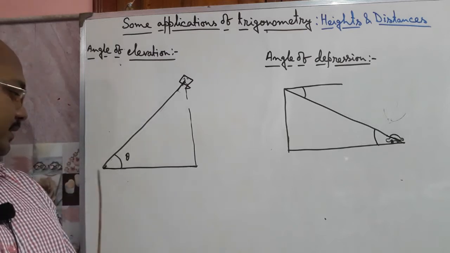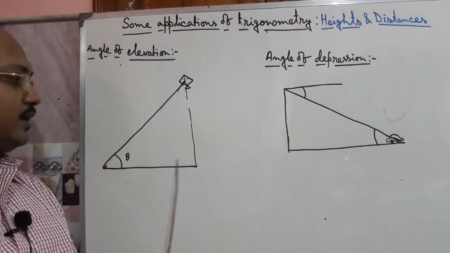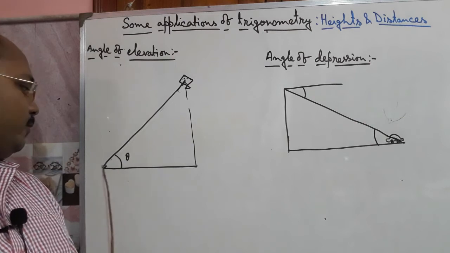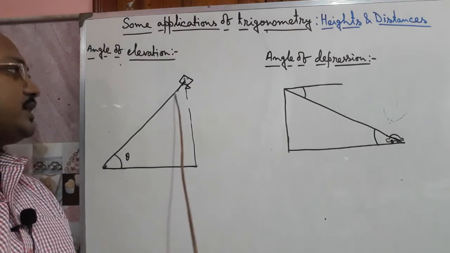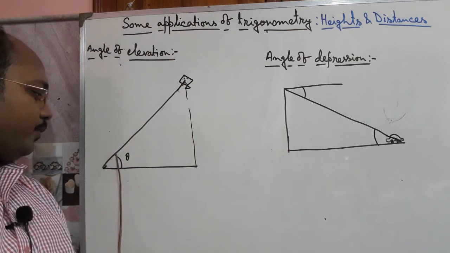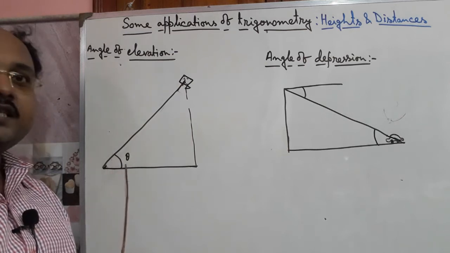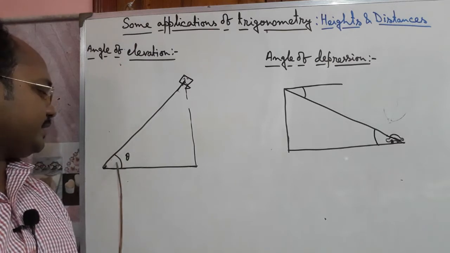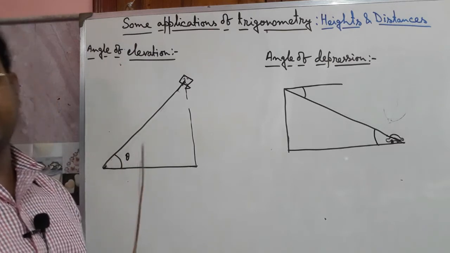This is the horizontal line. We have to raise our head to see this kite in this way. So the angle formed with this horizontal line is known as angle of elevation.